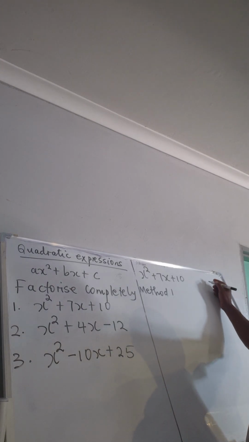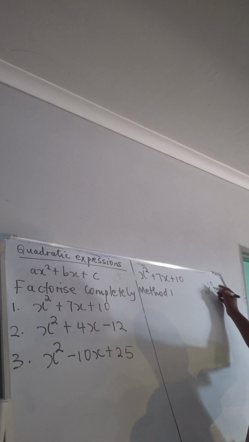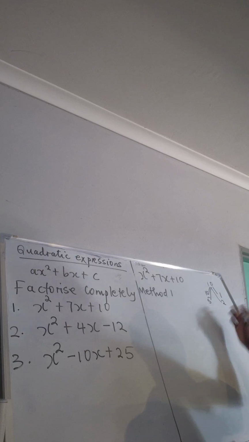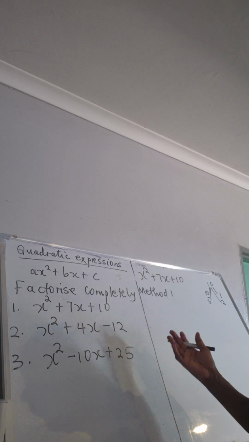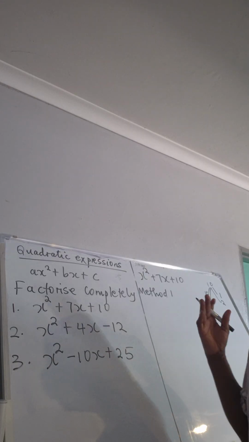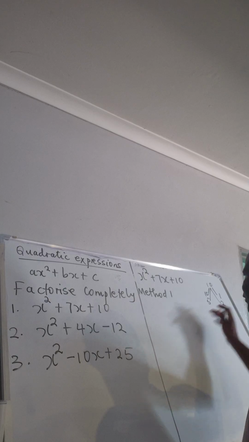So the factors of 10 that we know are 10 and 1, then obviously 5 and 2. If you add 10 plus 1, you won't get 7. If you subtract 1 from 10, you won't get 7. So in this case, the obvious factors are 5 and 2.